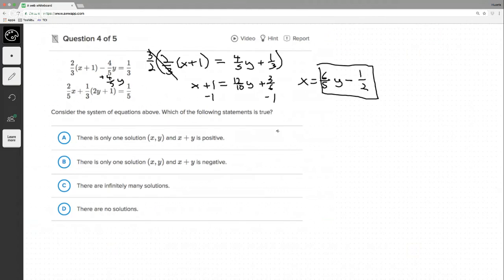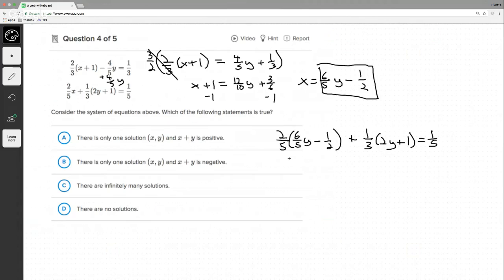So now we've got 2/5 times 6/5 y minus 1/2. And I'll keep that there. Why not? Let's see what happens here. Plus 1/3 times 2y plus 1 equals 1/5. All right, fractions.